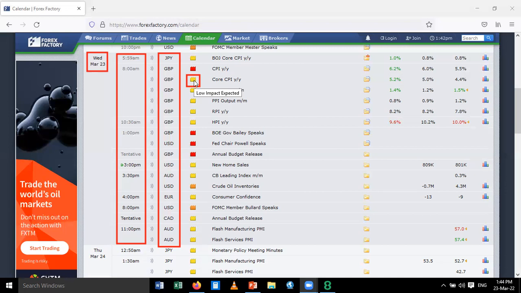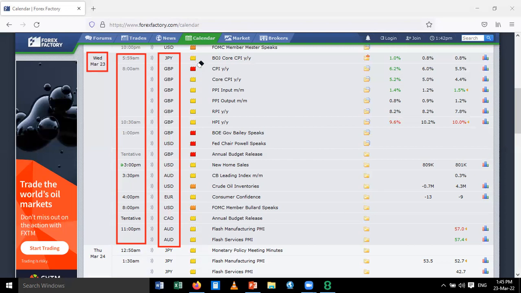It means that whatever information with respect to that particular currency at that particular time on that particular day is going to be of low impact to the market. So the market will not feel the impact of that information.